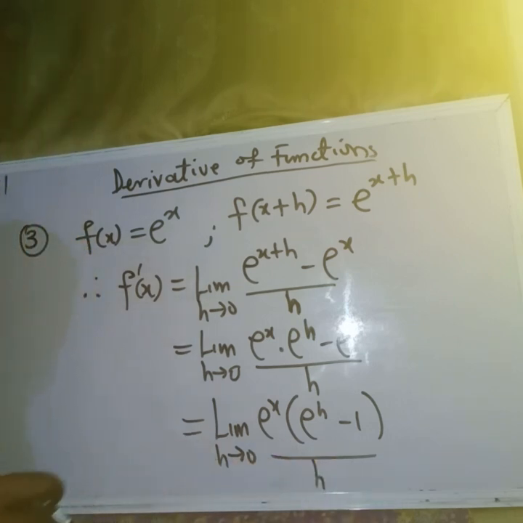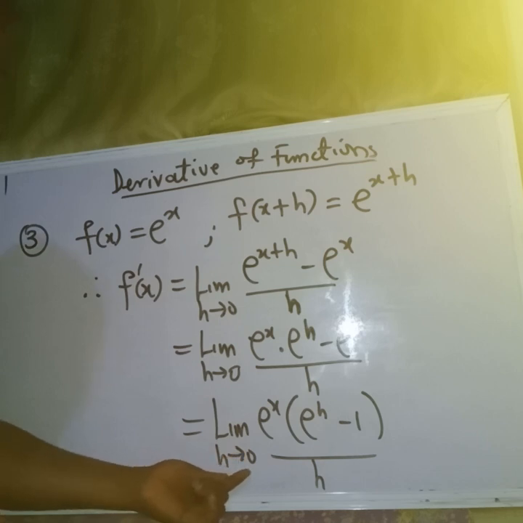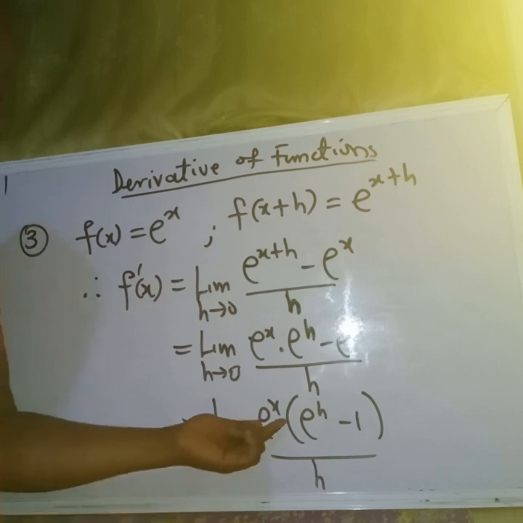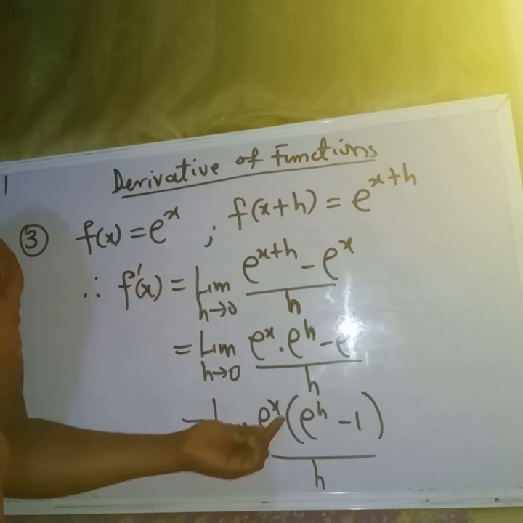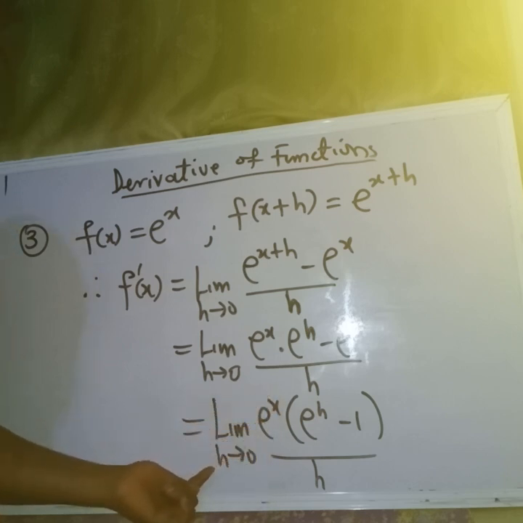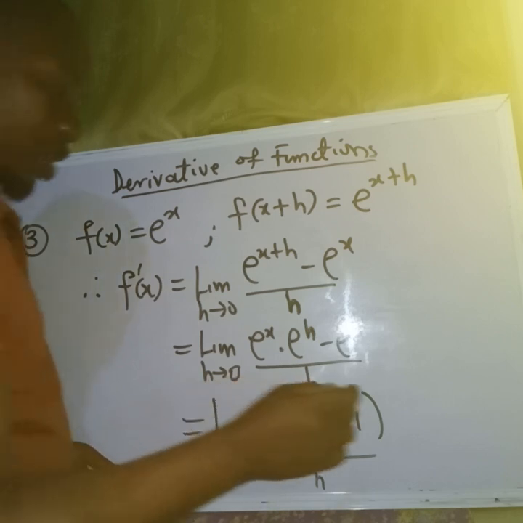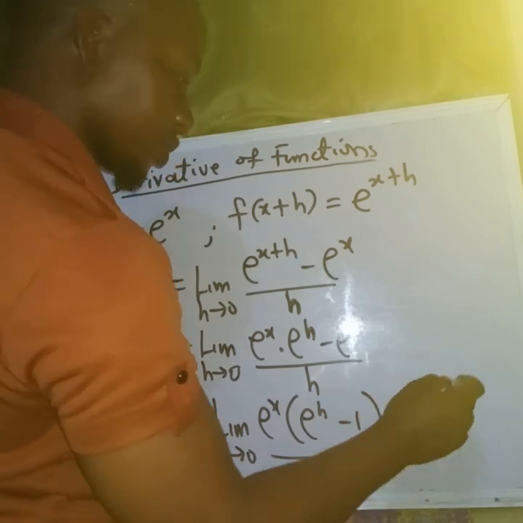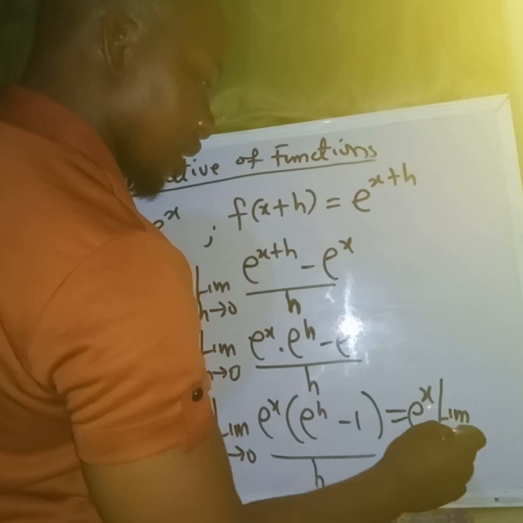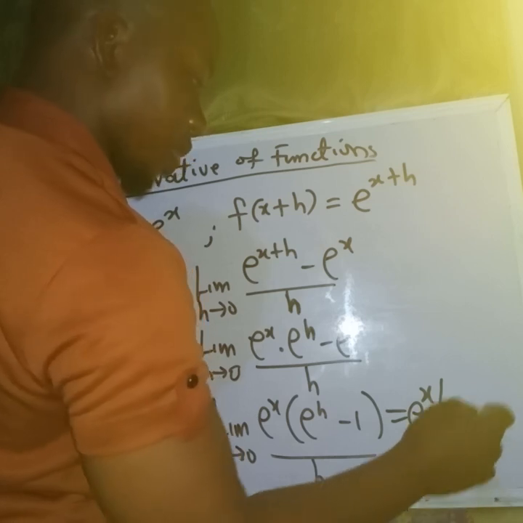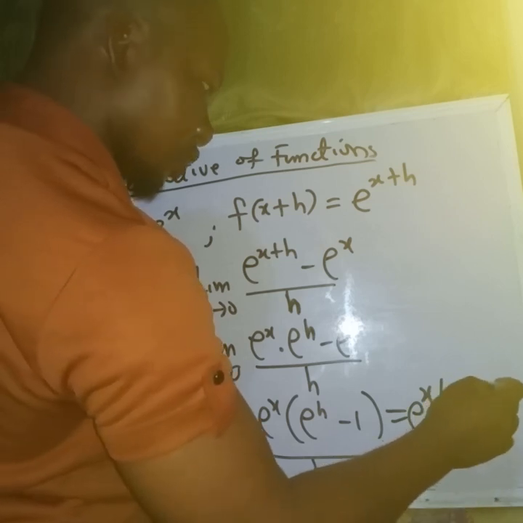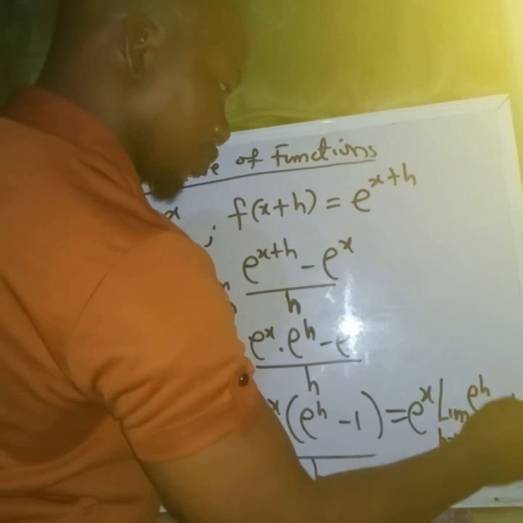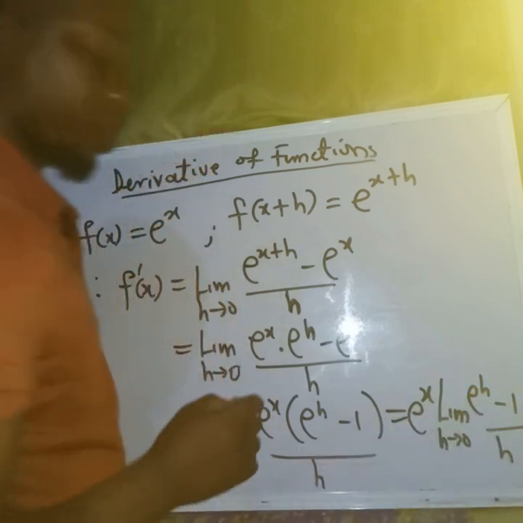Again, this limit is tending towards 0, so it will not affect exponential x since exponential x is independent of h. So accordingly, this will be exponential x, then the limit as h tends to 0 of exponential h minus 1 over h. So this is what we have.